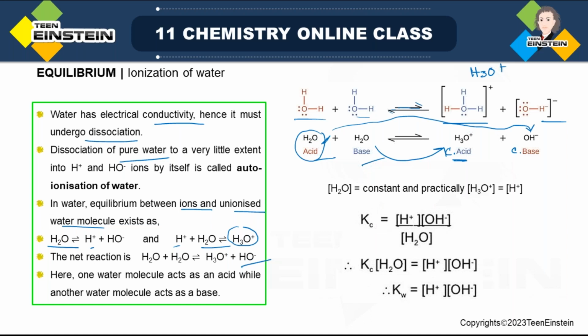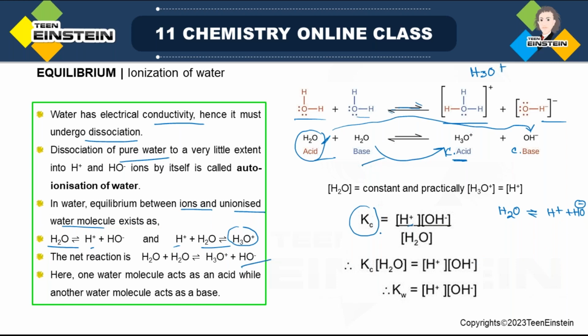Now for this equilibrium, if we write the corresponding equilibrium constant as Kc, Kc should be equal to the concentration of H+ multiplied by the concentration of HO-. If you write only one water molecule undergoing dissociation, you get this type of equilibrium, H+ and HO-.